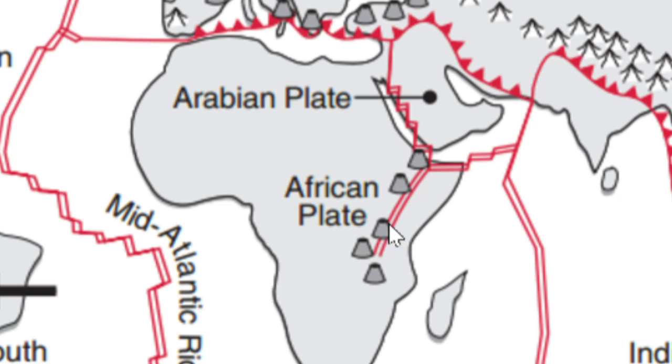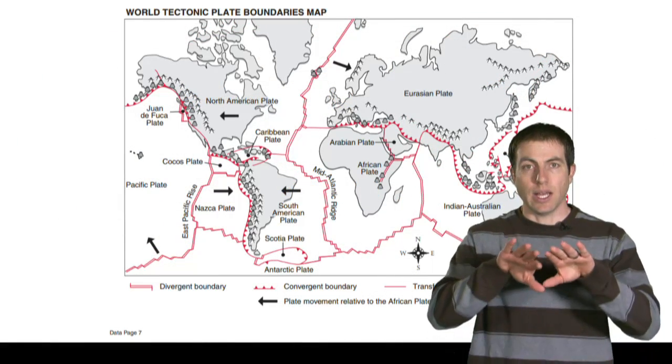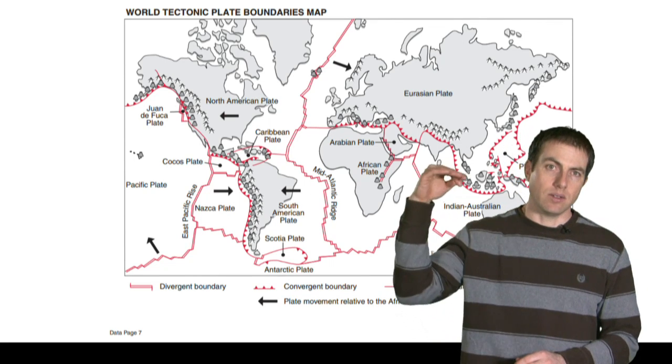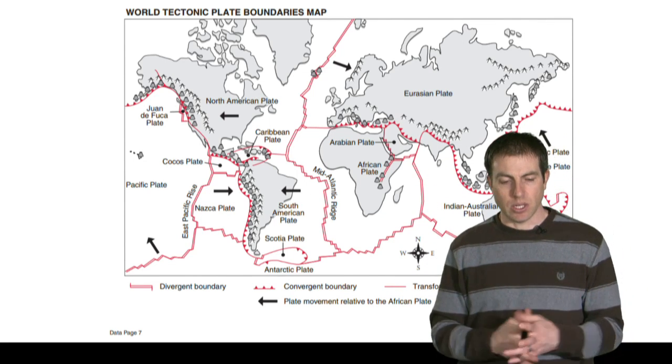And if we look at some images of Africa from space, what would you expect to find here right now? Well, you'd expect to find low-lying areas. And if we do look at an actual picture from space, there's a bunch of lakes there right now, because as those plates split apart, the crust gets thinner and thinner and thinner, and water starts to fill it up, and you end up with lakes.